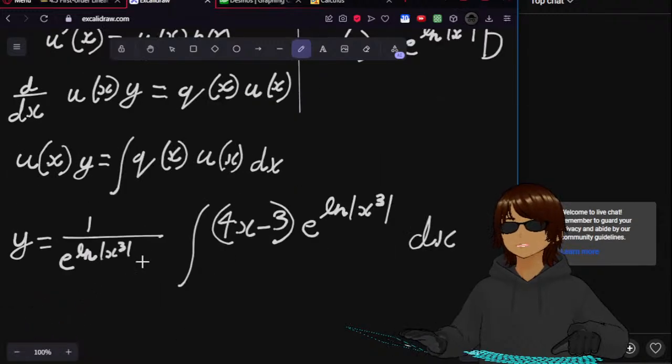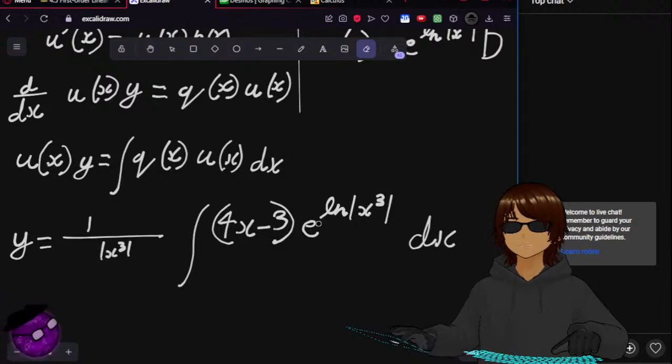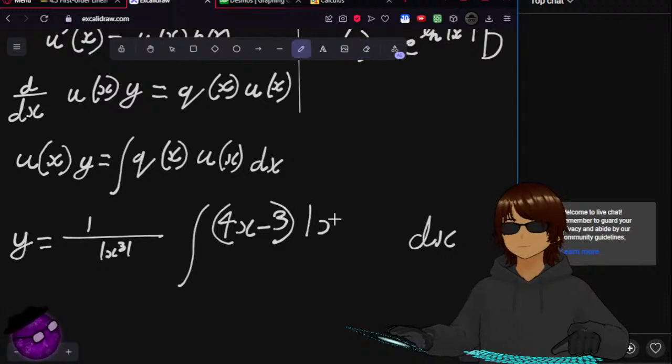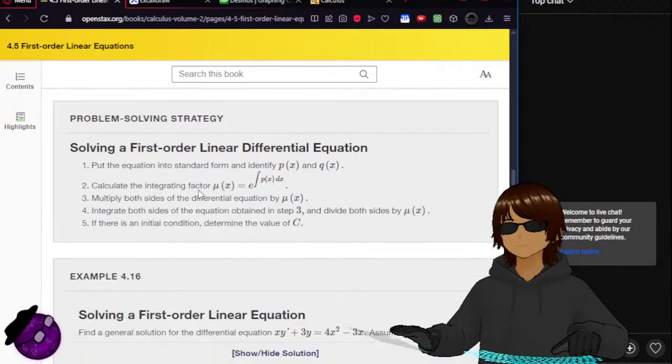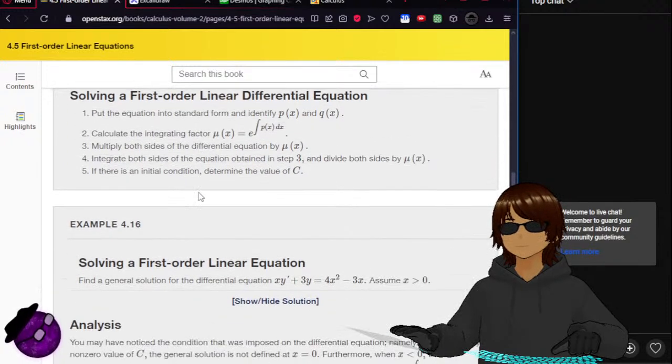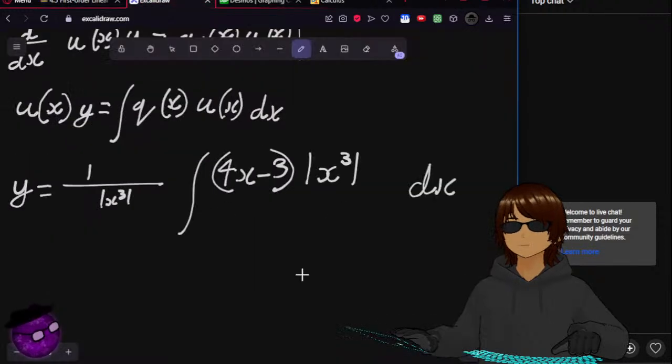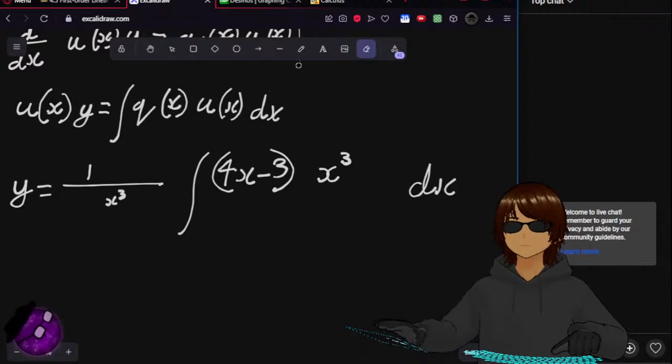Also, instead of e to the, I guess I can remove this. Assume x is always more than 0. Okay. In the question, it's telling us to assume it's more than 0.